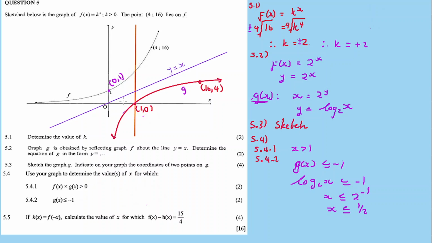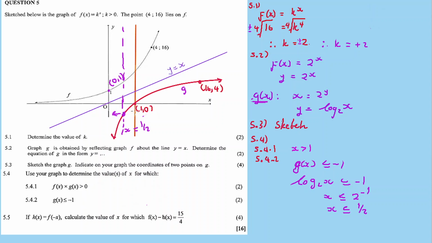Now, x equal to 1/2 is somewhere here. If I go to the left, where x is smaller, g of x is less than -1.